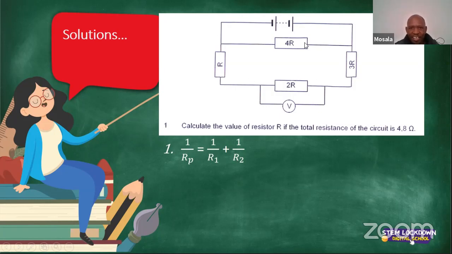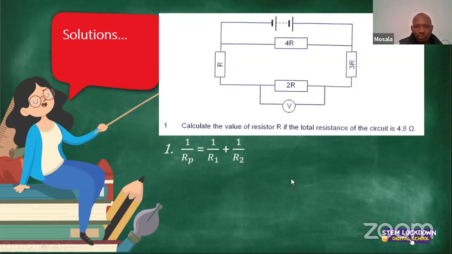Now we calculate the effective resistance of the parallel connection, so we use the formula 1 over Rp equals 1 over R1 plus 1 over R2.